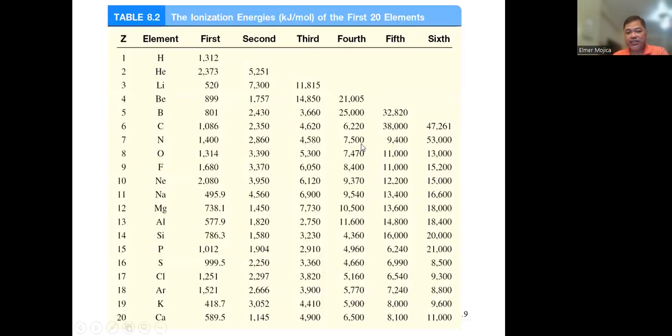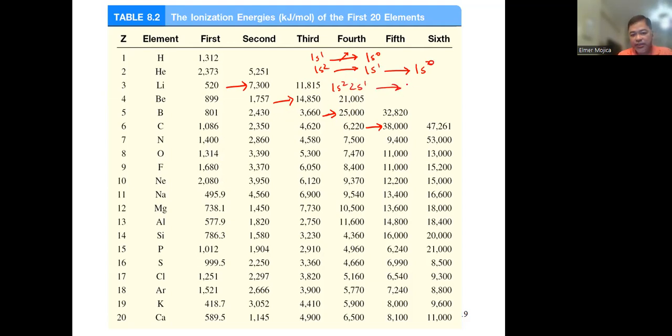For instance, look at this. Here you have 1s1. If you remove the electron there, you form 1s0. Here you have 1s2. So first ionization energy, 1s1, second ionization energy, 1s0. Now here you have 1s2 2s1.